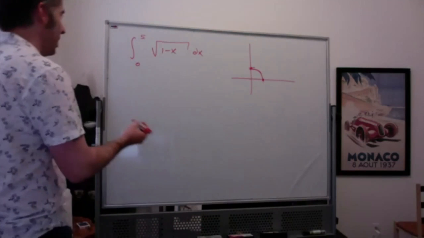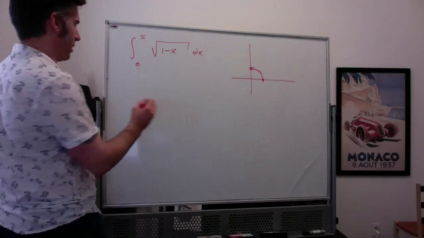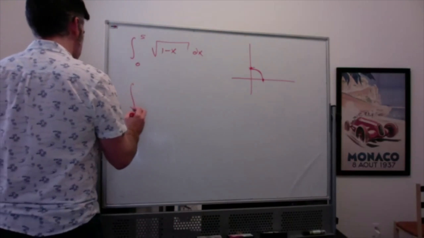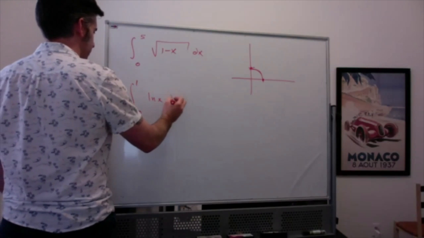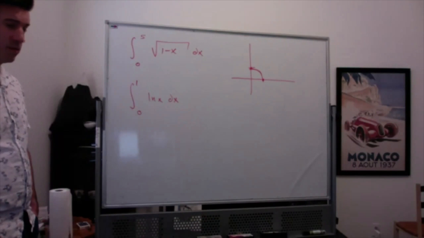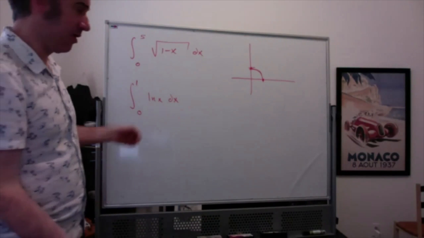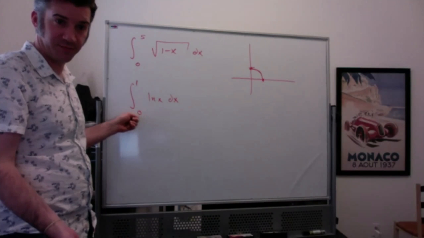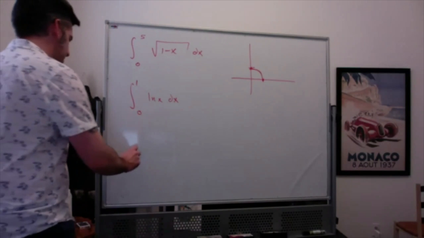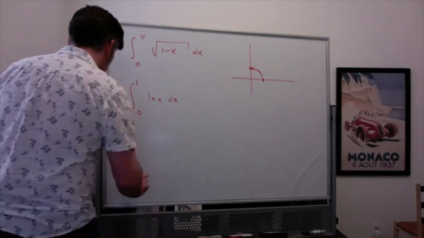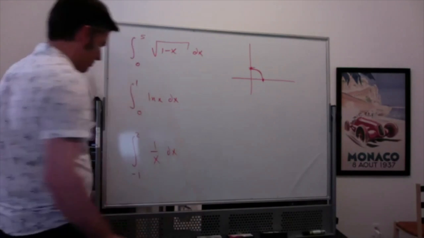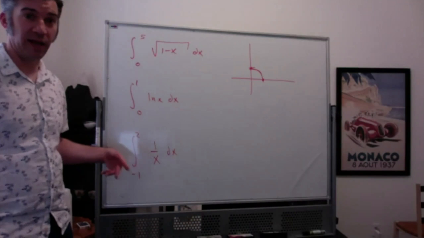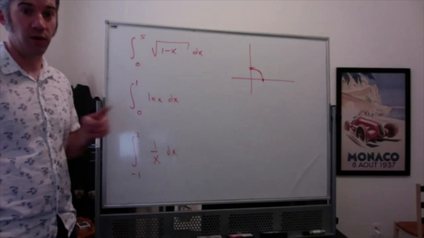So someone could ask you something like the integral from 0 to 1 of the natural log of x, because natural log of x is defined everywhere on this interval except at the end, which is 0. Or someone could ask you something like the integral from negative 1 to 2 of 1 over x, because this function is defined everywhere on the interval except at one point in between, 0.